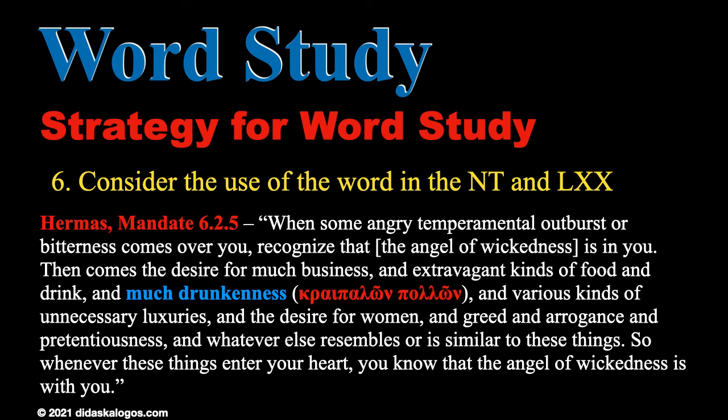So whenever these things enter your heart, you know that an angel of wickedness is within you. So polumethia is much drunkenness or much dizziness, many drinking parties. Here we have extravagant kinds of food and drink. And then we have maybe drinking parties where much drunkenness takes place.